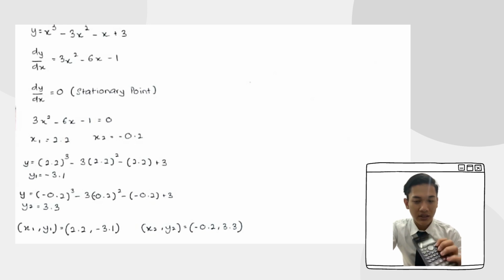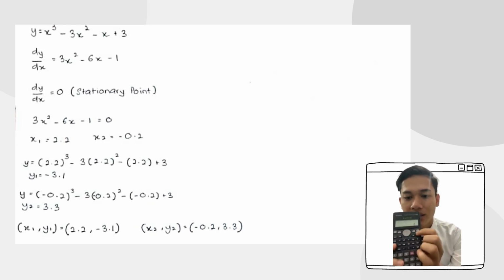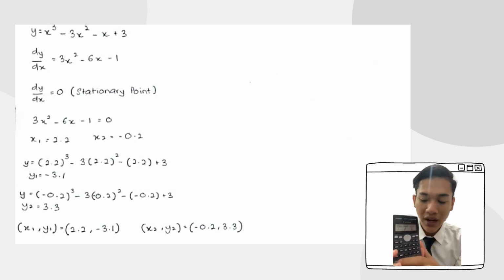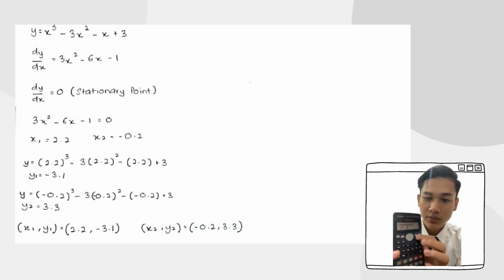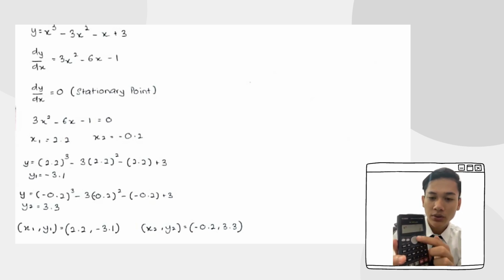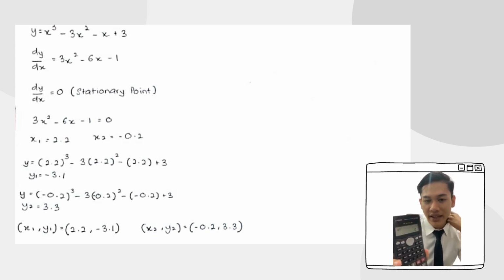You must use the calculator. Press mode 1, 2, 3, then press 1, press mode, and press 2 for degree 2. Then you can calculate and get the answer.